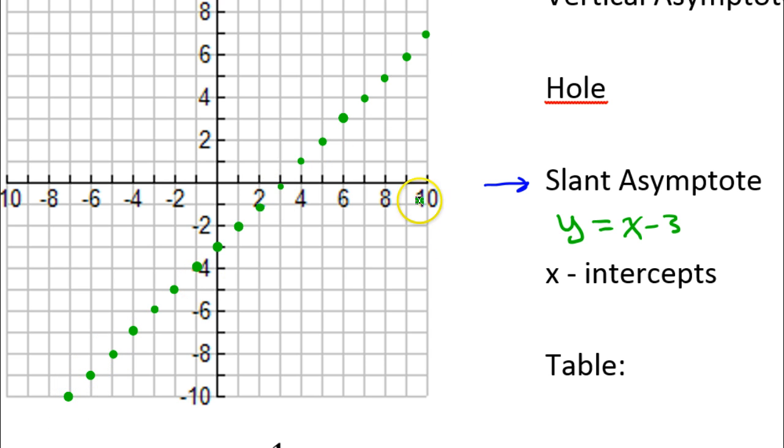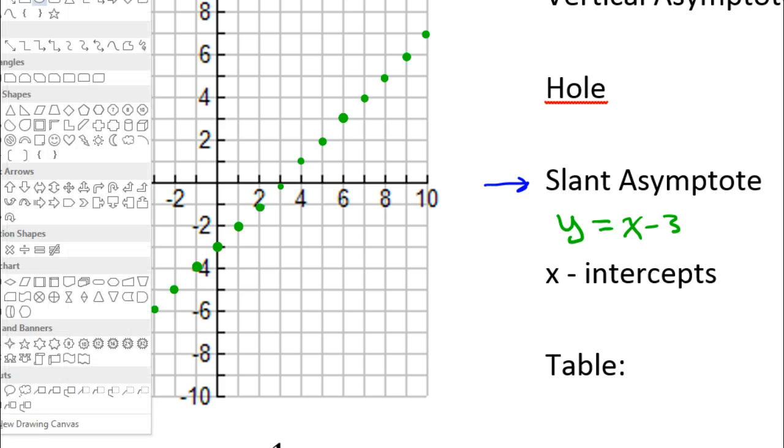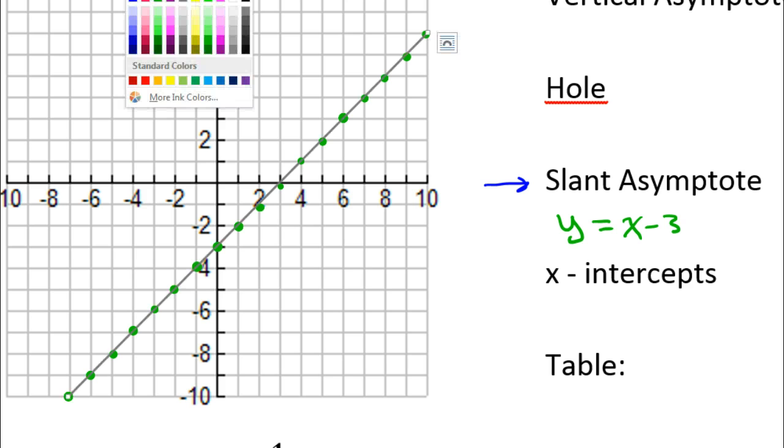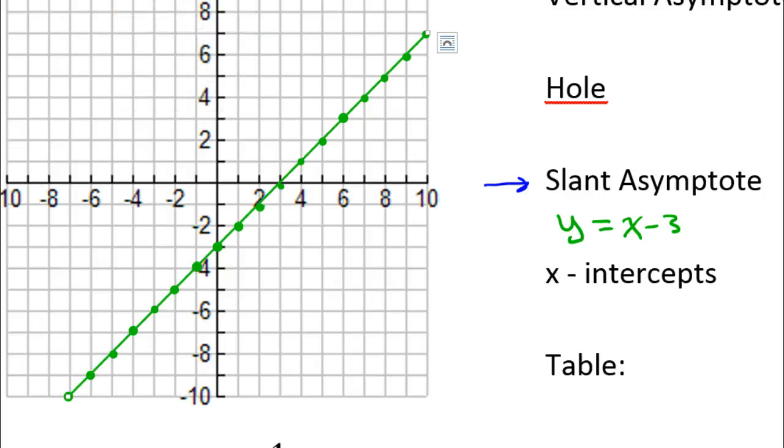So there's my slant asymptote right there. Now we really are supposed to draw a dotted line through this, so I am going to do my responsibilities and draw that dotted line. Alright, so there's my slant asymptote.